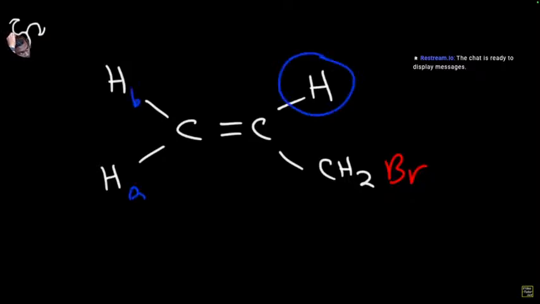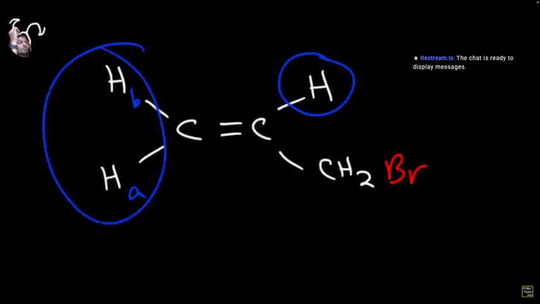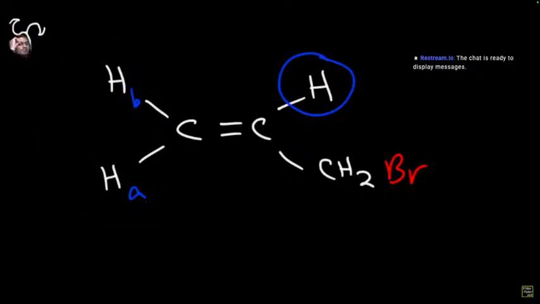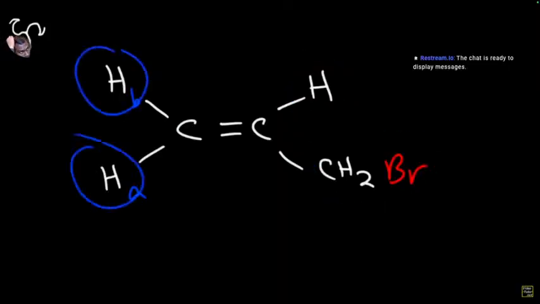Now, this hydrogen is going to be different from any one of these two because it's on a different carbon. It's on the same carbon as this group, whereas these 2 hydrogen atoms are on a different carbon than this group. So automatically, this is going to be a different hydrogen atom.